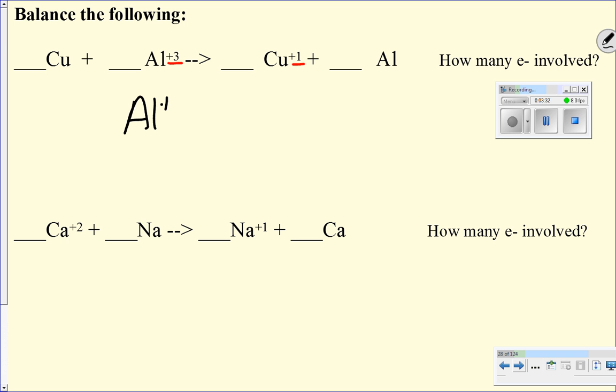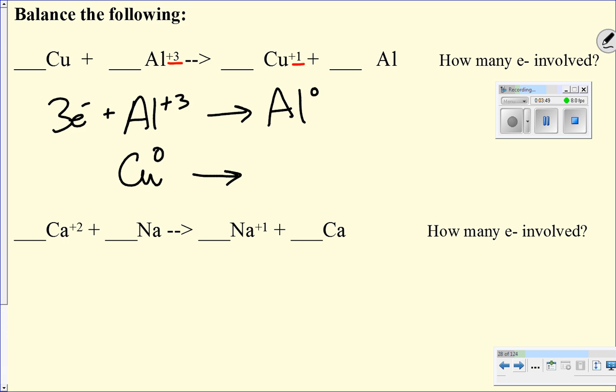Al3+ turns into Al0, and this occurs when aluminum 3+ gains 3 electrons. Copper 0 is going to turn into copper 1+ by losing an electron. Aluminum needs to gain 3, so copper losing 1 isn't going to cut it.